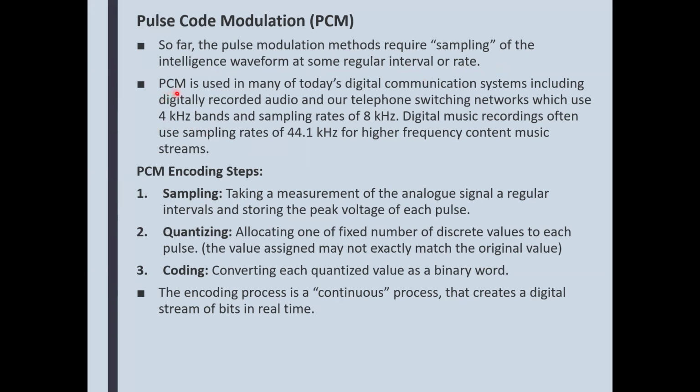Pulse code modulation is used in many of today's digital communication systems, including digital recorded audio and our telephone switching networks, which use 4 kilohertz bands and a sampling rate of 8 kilohertz.